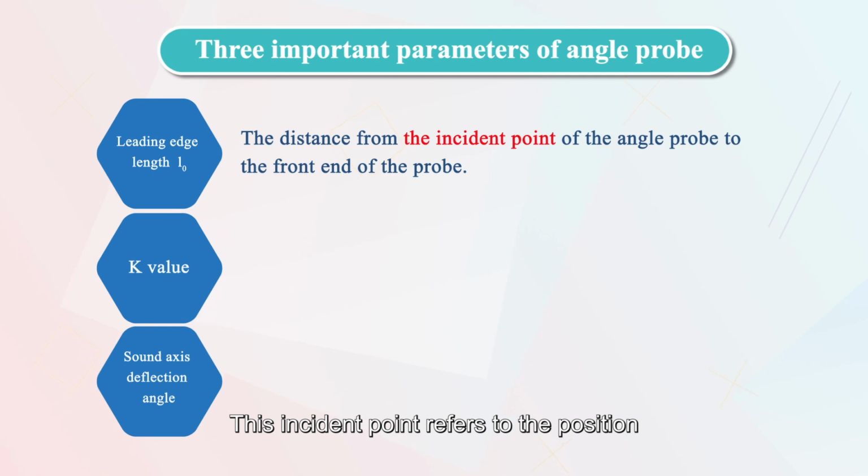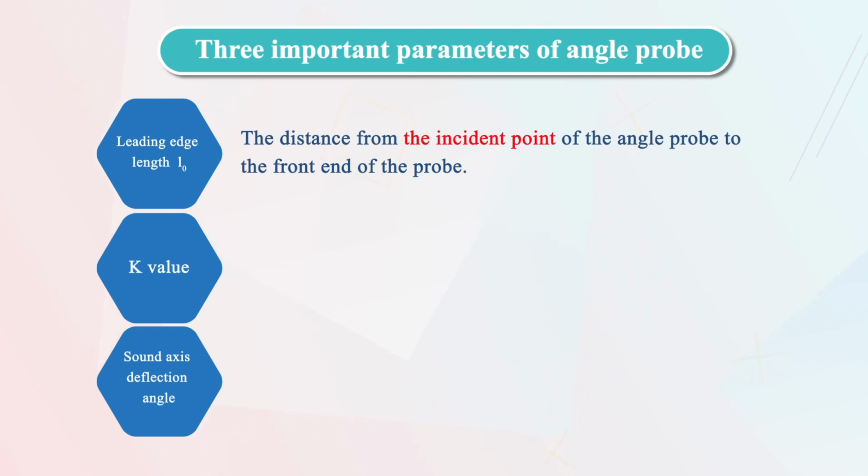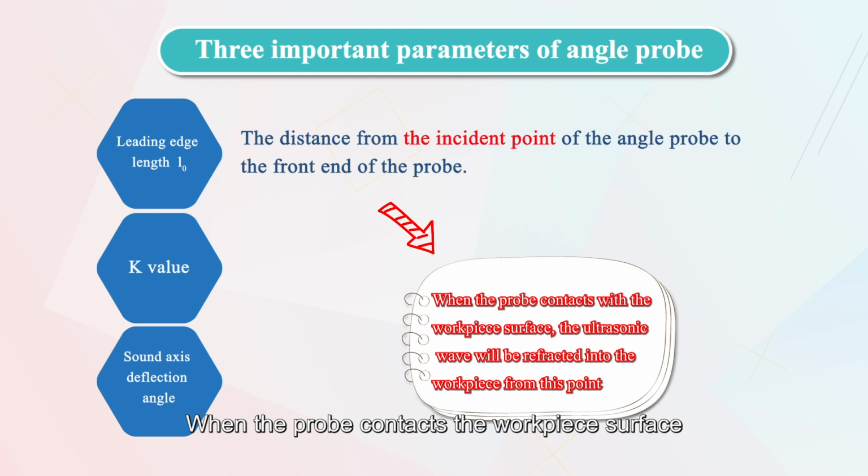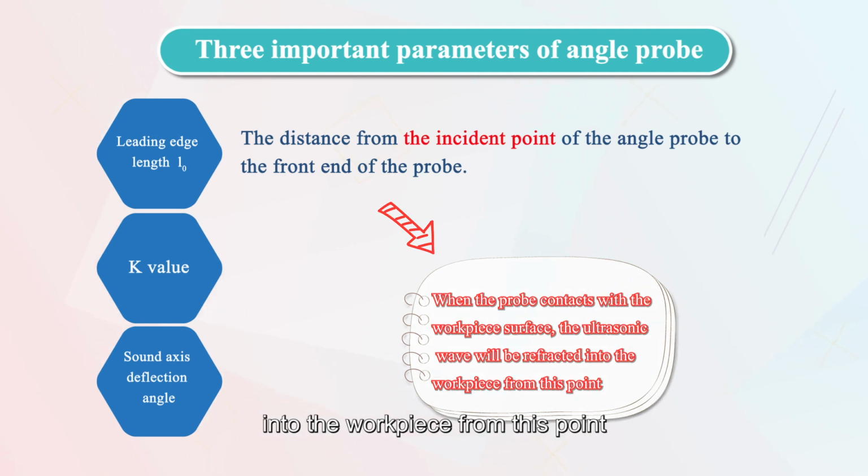This incident point refers to the position where the ultrasonic sound beam is emitted from the probe surface. When the probe contacts the workpiece surface, the ultrasonic wave will be refracted into the workpiece from this point.